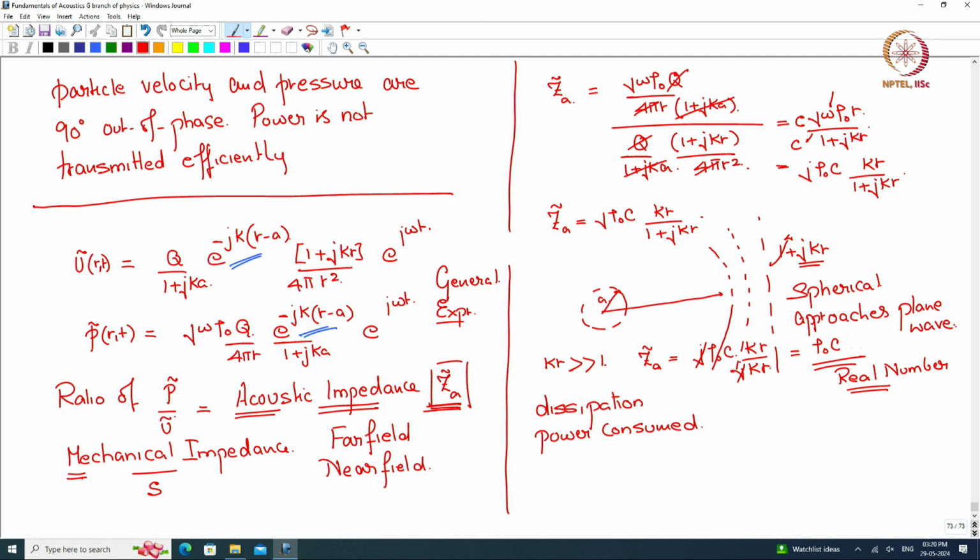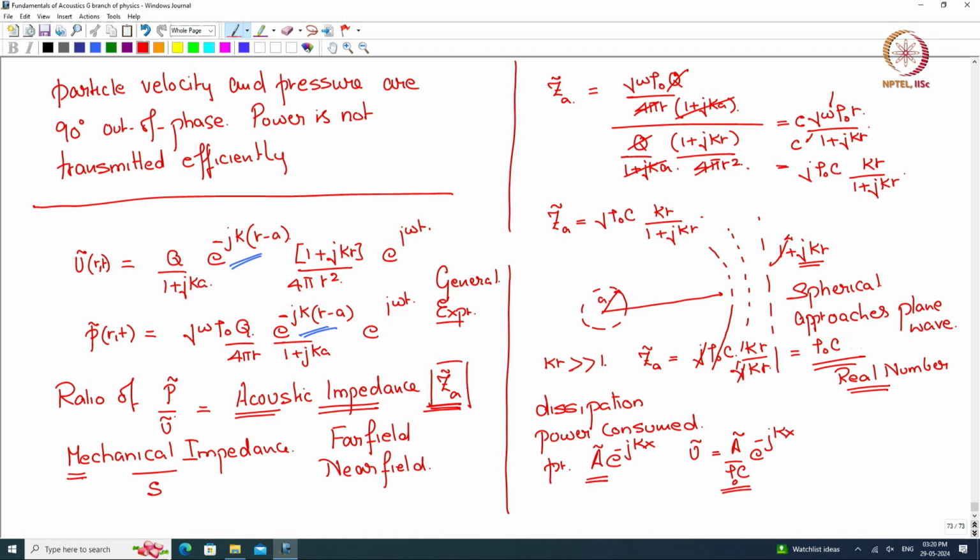And in a plane wave, the pressure and particle velocity, if this is the pressure, particle velocity u is a tilde by rho 0 c. So they are in phase.